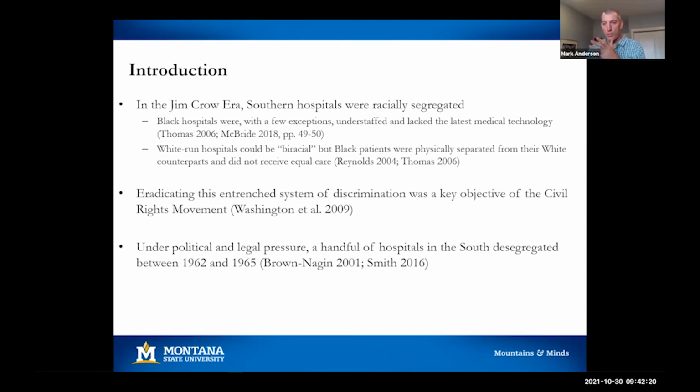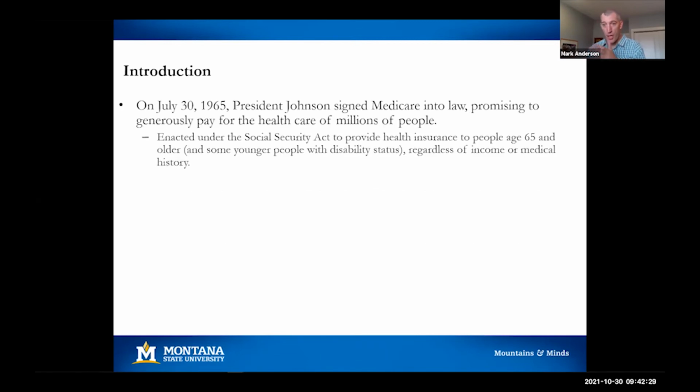Under political and some legal pressures, we saw in the early 60s a handful of hospitals in the South desegregate. But the landscape changed pretty drastically on July 30th, 1965, when President Johnson signed Medicare into law, promising to generously pay for the health care of millions. So what happened?